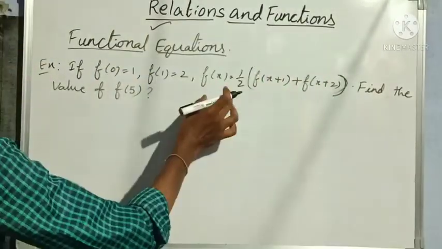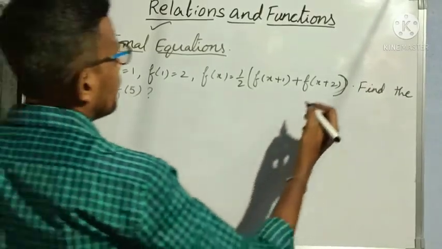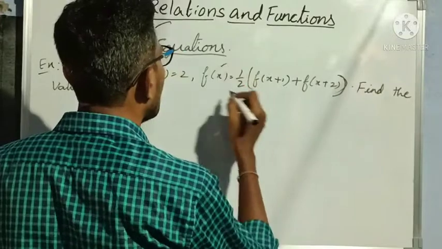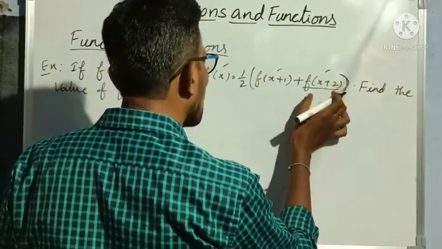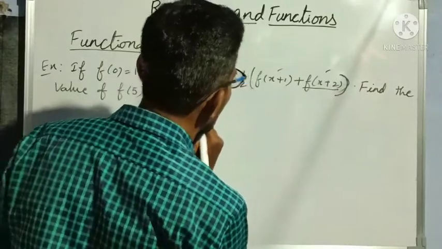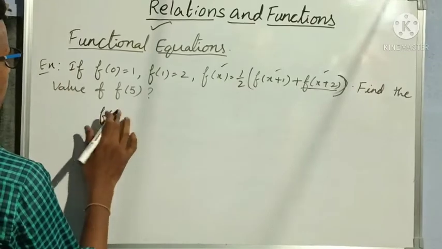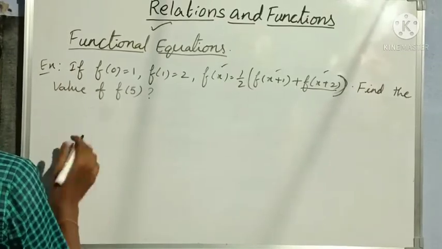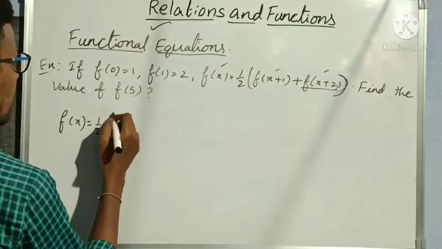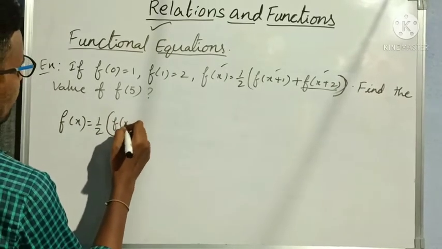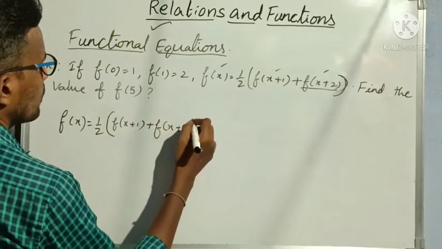When solving this type of function, we need to see the biggest function. Which is the biggest function, f of x plus 1 or f of x plus 2? I hope f of x plus 2 is the biggest function, right? So first let us simplify this. First I am writing the equation given in the question as it is: f of x is equal to 1 by 2 of f of x plus 1 plus f of x plus 2.